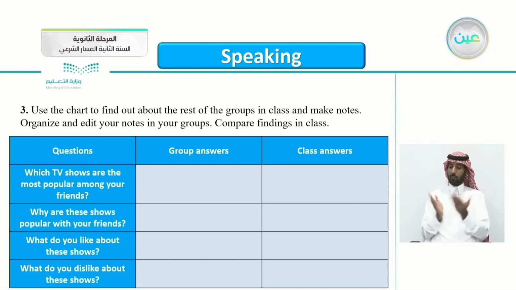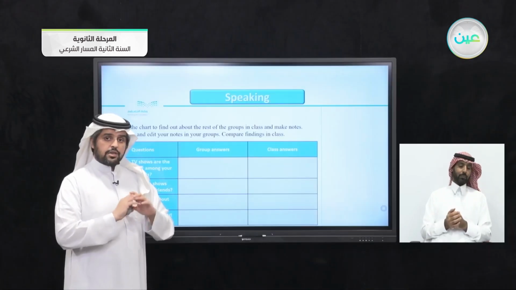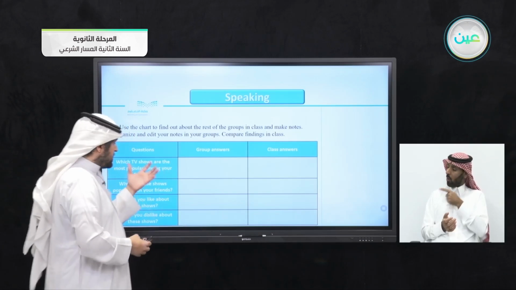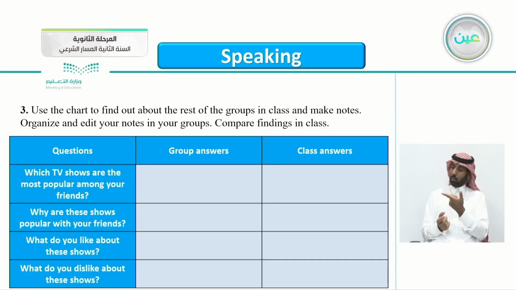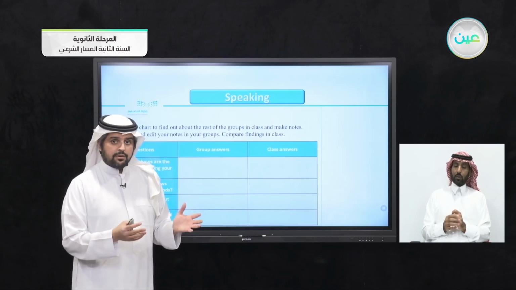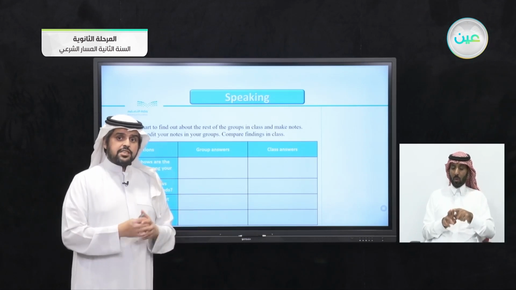And the questions here: which TV shows are the most popular among friends? So you can calculate and find out which is the popular TV show among your friends. Why are these shows popular within your friends? This is an interesting question. After you know the popular TV shows, ask why.